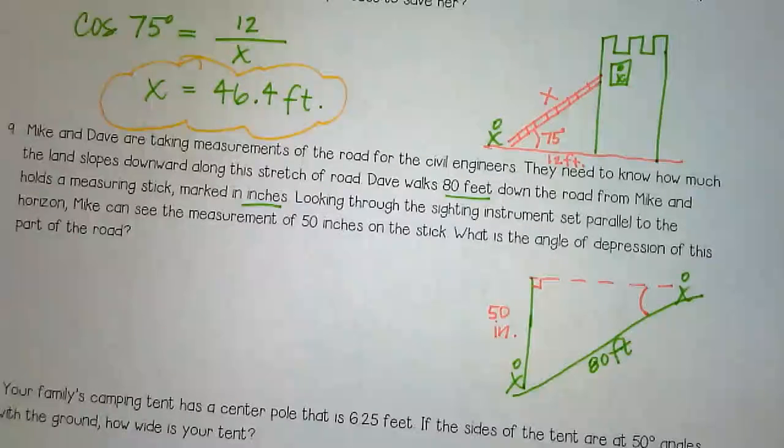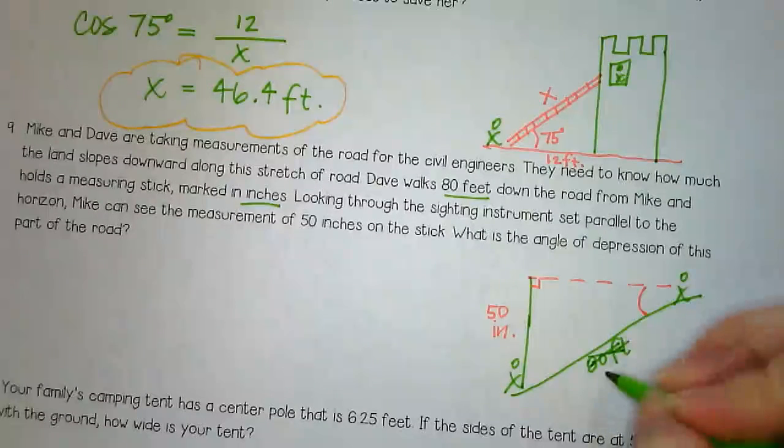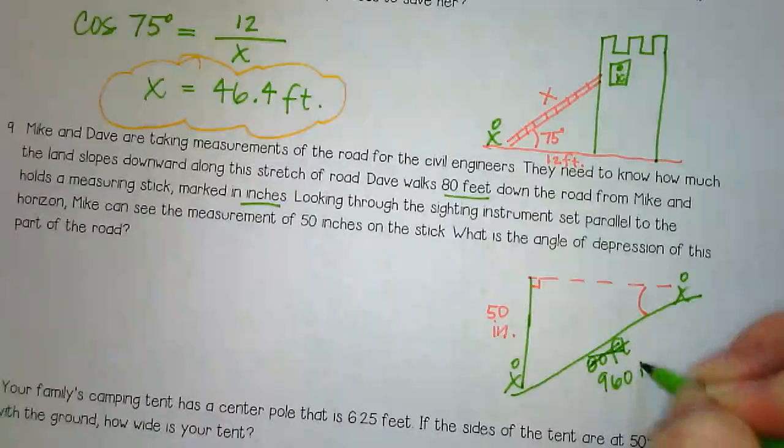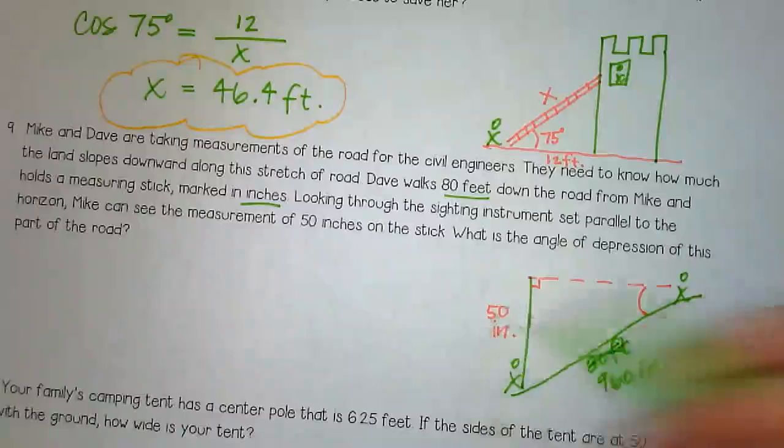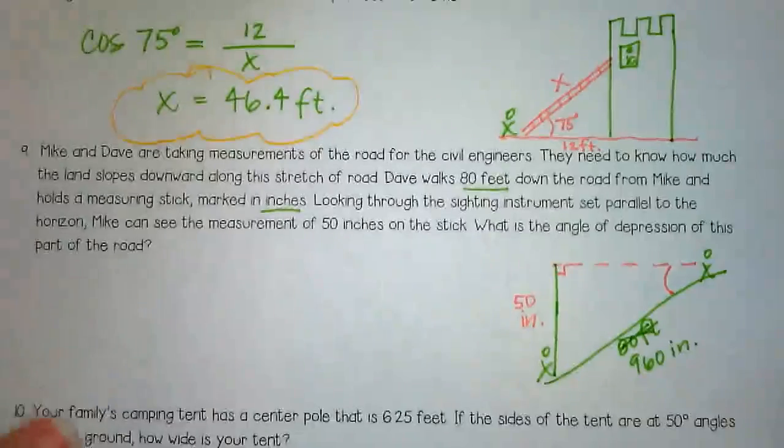But that one's not going to be a good measurement because that's going to be 2/12. Okay, so let's change 80 feet into inches. So to do that, we need to multiply by 12. So this is 960 inches. All right, this one's a repeating decimal, which is why I didn't change it.